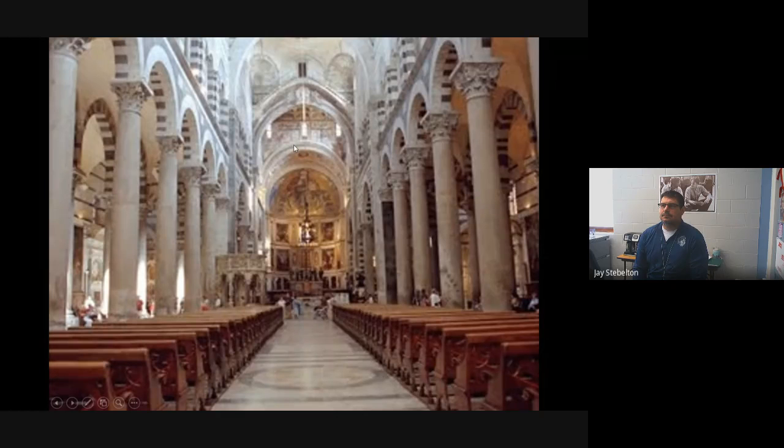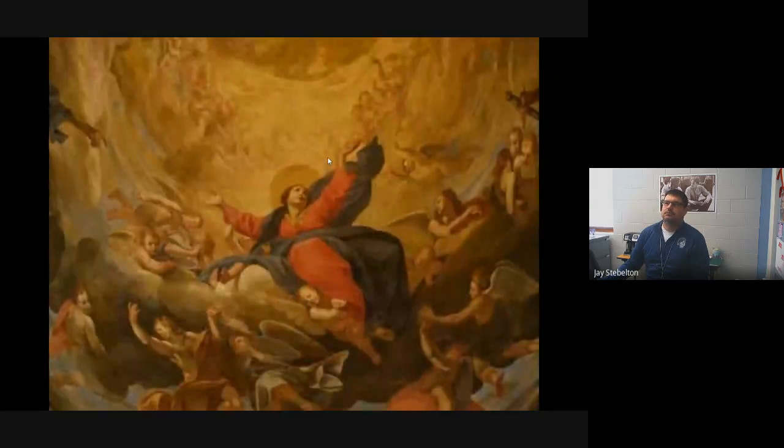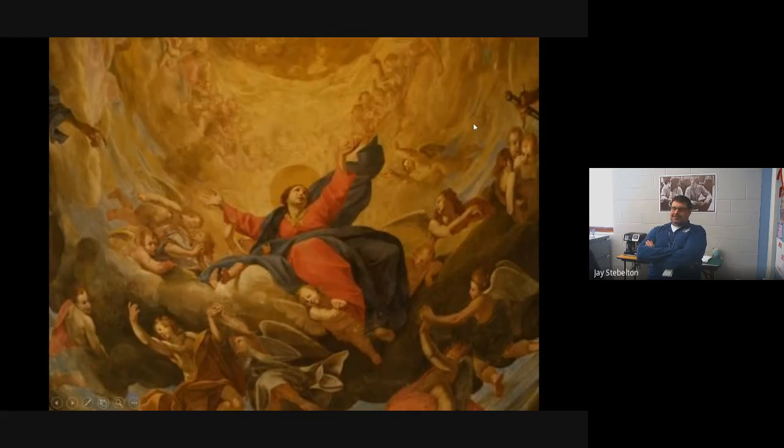It's not the use of the Gothic arches that will come later to make it the really big cathedrals. Also, you can look at the front of the church and up into the ceiling, you can see a Raphael fresco. It's called The Ascension of Mary, Mary rising bodily into heaven, borne aloft by the angels.